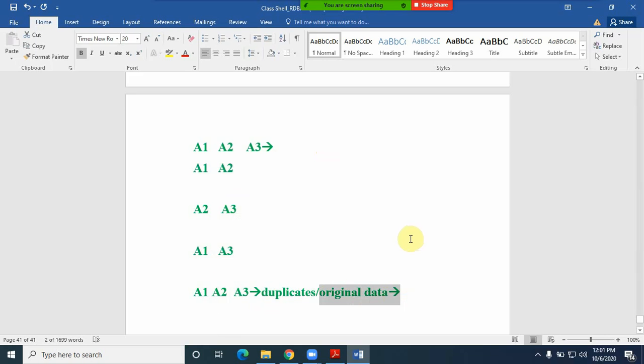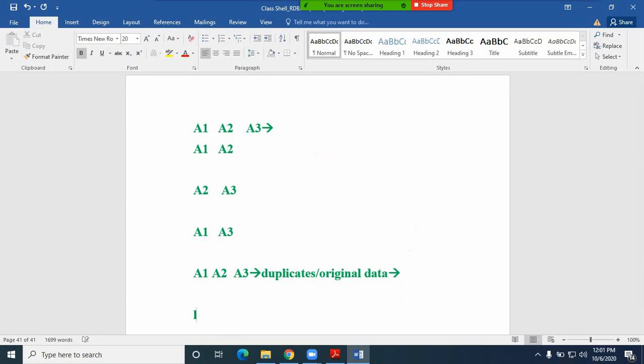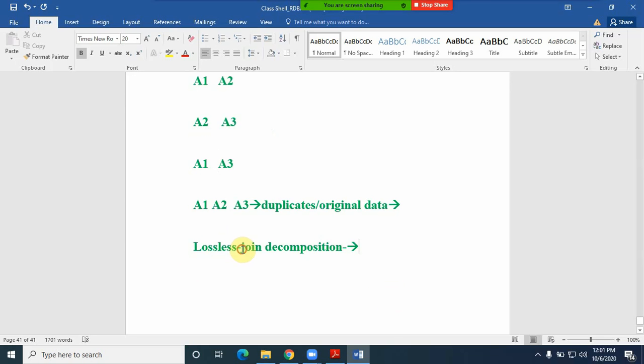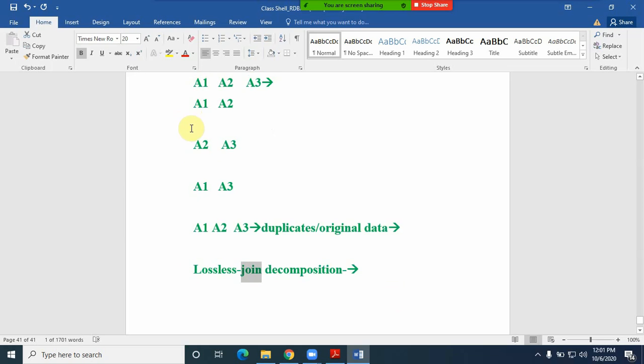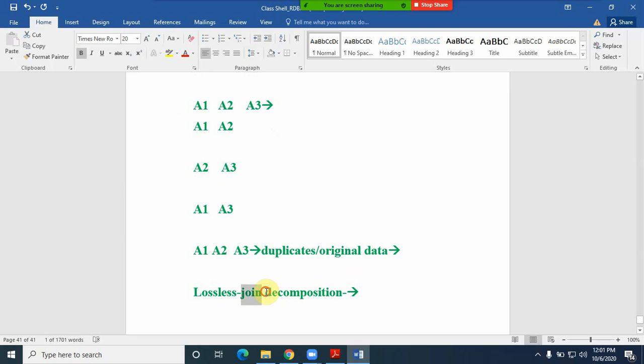This is also known as lossless join decomposition. Very, very important, friends. Lossless join decomposition. Join, after splitting, because we are decomposing the data in such a way that A1, A2, A3 we decompose into A1, A2 at one moment, A2, A3 as per requirement, and A1, A3.